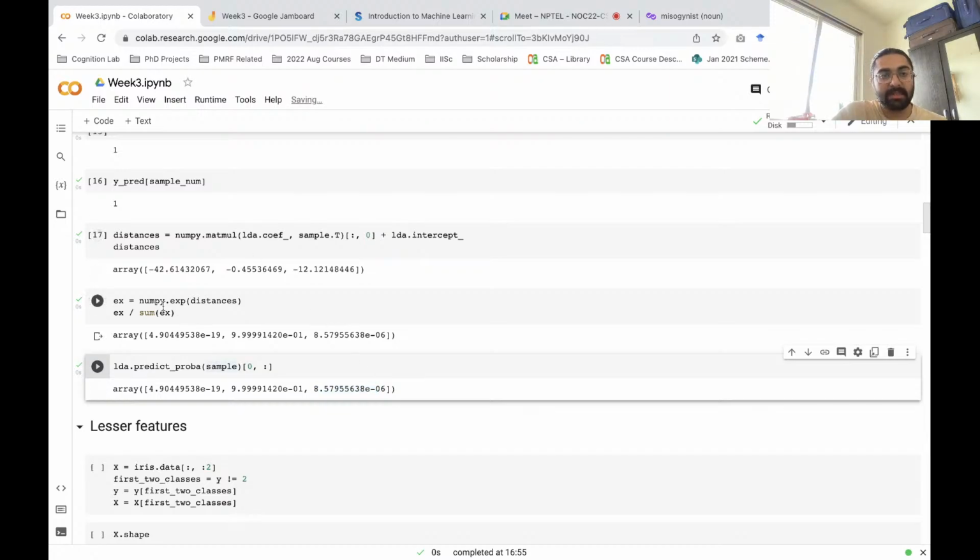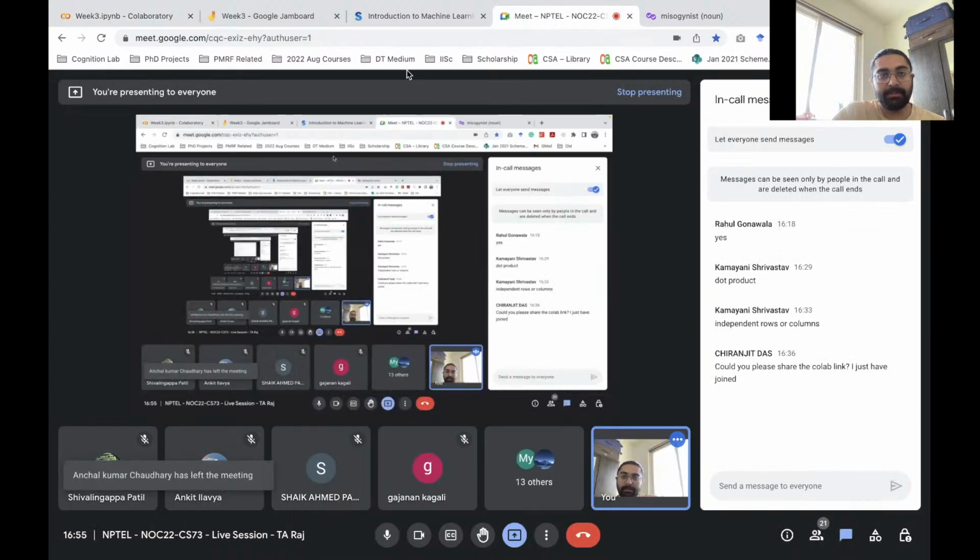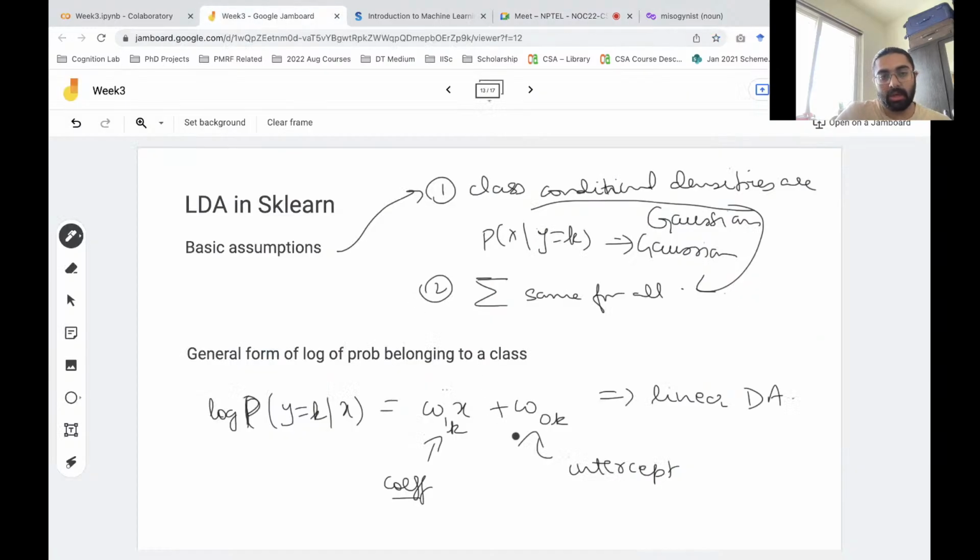And how do you get it? It is because you have this logarithm, this log p of y equal to k given x. If you want to get the probabilities, you will take e power something. That would be the probability in a very naive, unnormalized sense, so you have to normalize it.